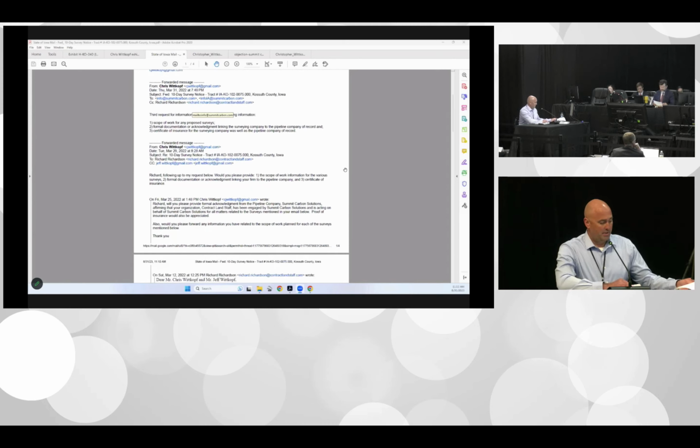It also included changes to indemnity language, insurance language, as well as a number of other provisions that would make this easement agreement a bit more palatable for us.